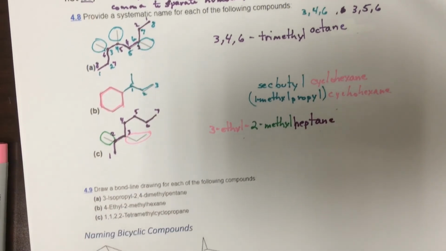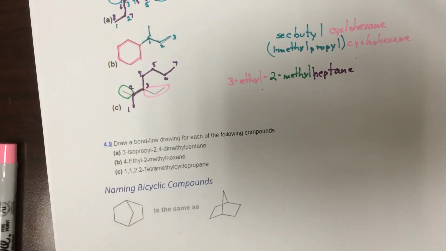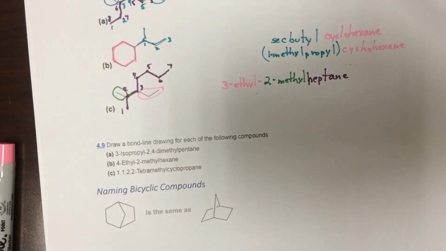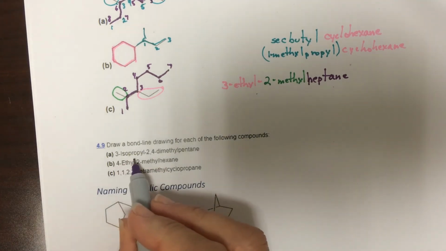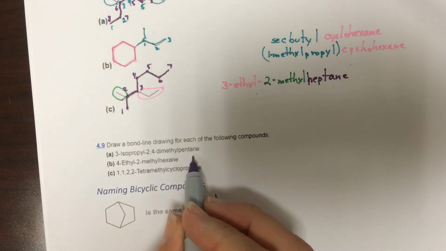Okay. You also need to be able to go the other direction. If you're given a name, you need to be able to write out the structure. And this is, I think, for most people easier. 3-isopropyl-2,4-dimethylpentane.